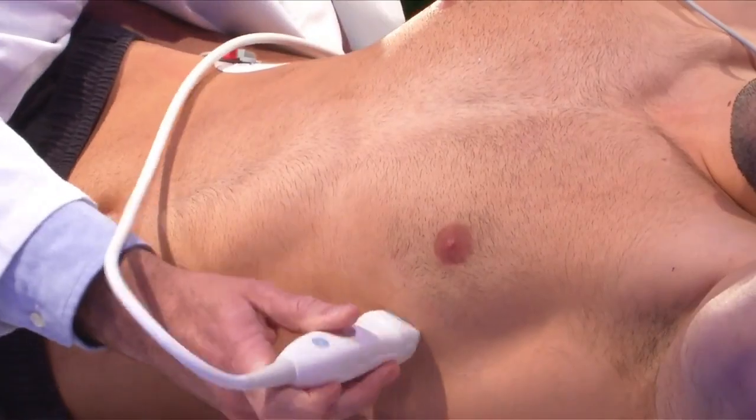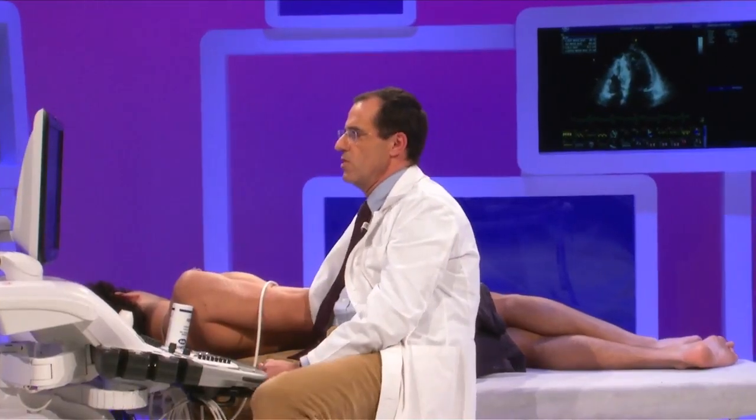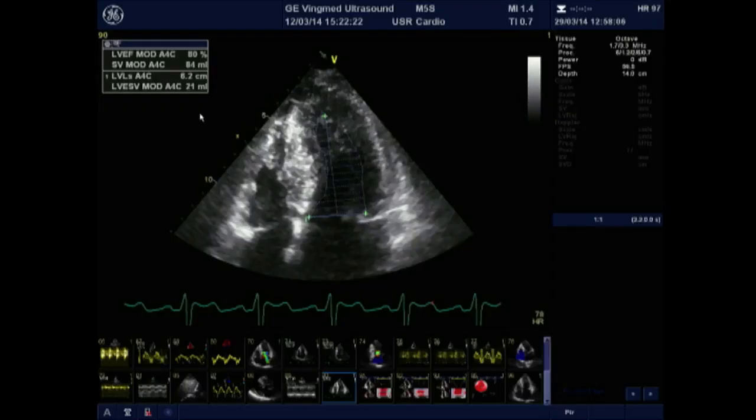And moving to the 4-chamber view, we assess the ejection fraction by Simpson biplane, confirming high values of ejection fraction in this patient. The figure was 80% of ejection fraction, confirming a supernormal index of systolic function.